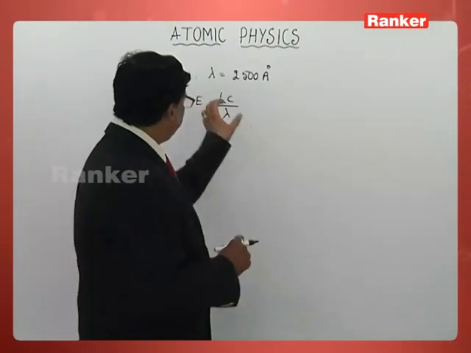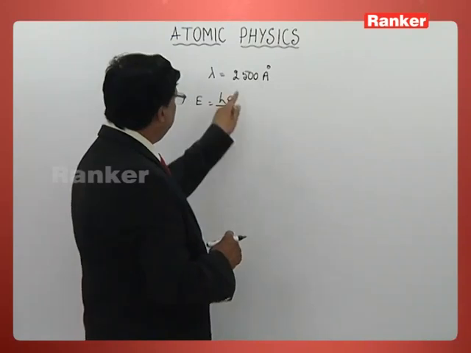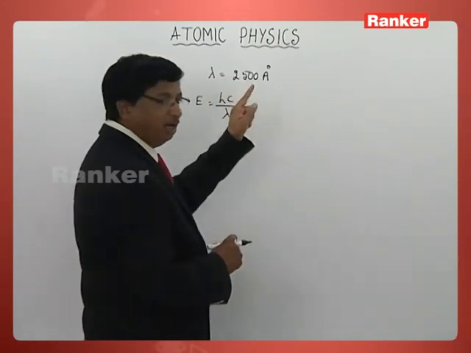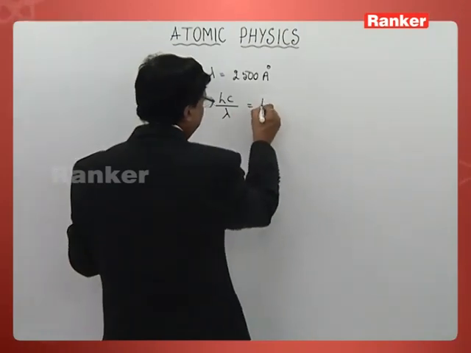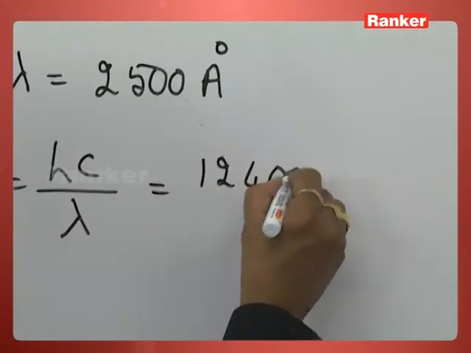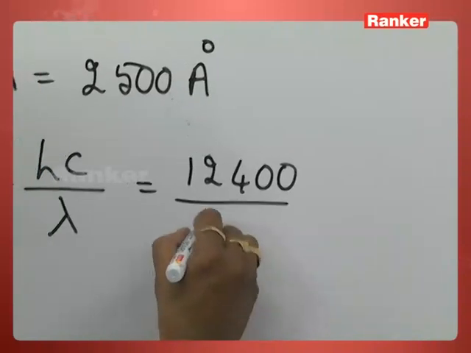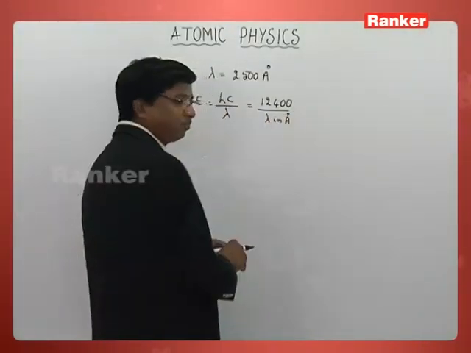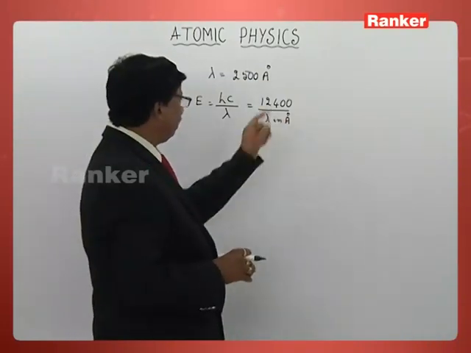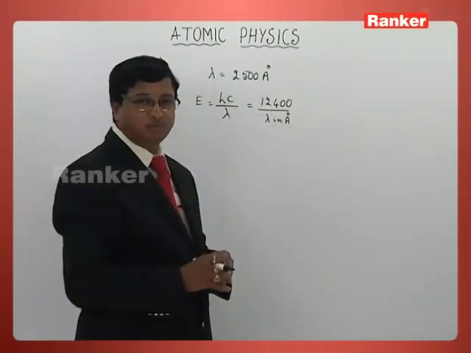Actually, the value of hc over lambda, when you consider lambda directly in angstrom units, you can write as 12,400 divided by lambda taken in angstrom units. But in true sense, you must all be knowing the correct value of it also.